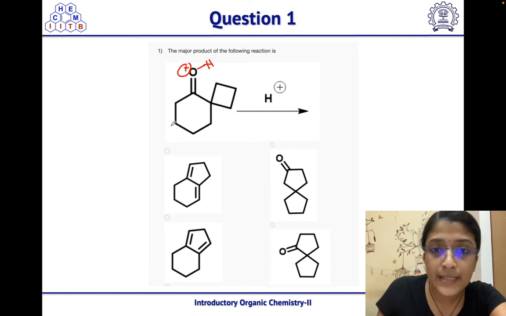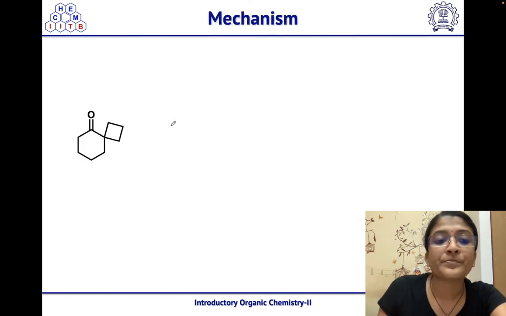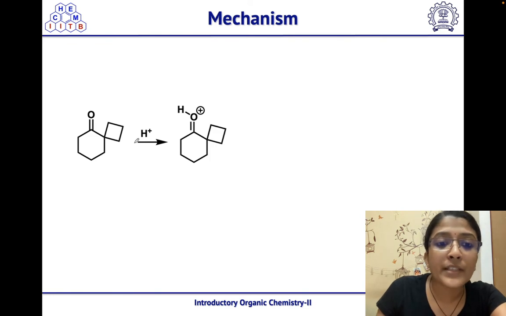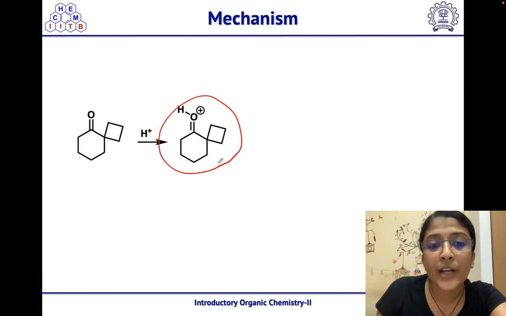Coming to the mechanism of this reaction, this is simply a carbocation rearrangement that is happening here. As we have seen, we have a cyclobutane substituted cyclohexanone, and when we treat it with acid, this proton will coordinate with this lone pair of oxygen, and we will get a protonated species like this. Now what is the next step?